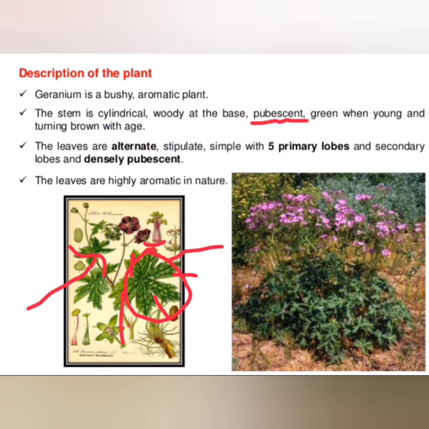They have 5 primary lobes as well as secondary lobes, and they are densely pubescent. That means they are densely covered with short soft hairs. And in this plant, it is not the flowers, not the stem, but actually the leaves which are highly aromatic in nature.